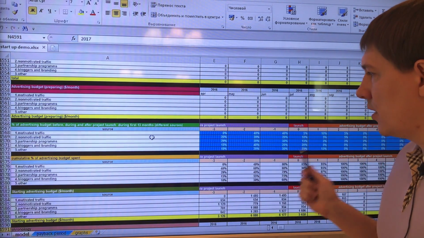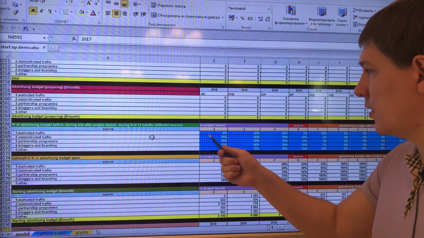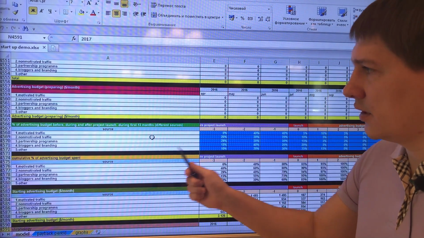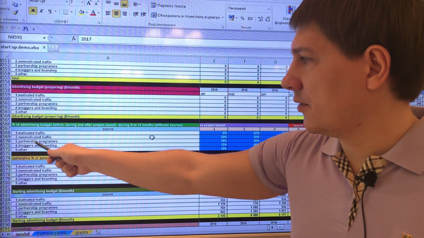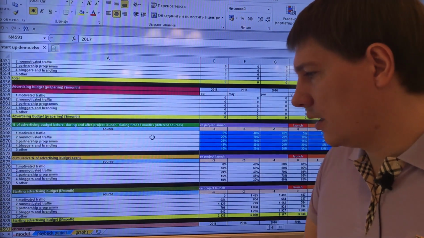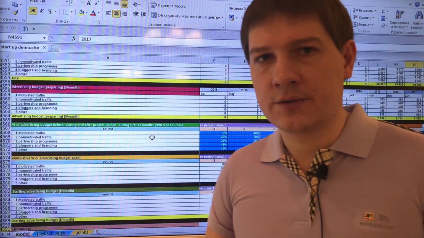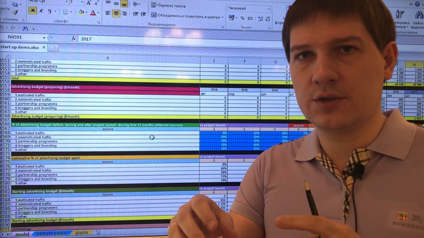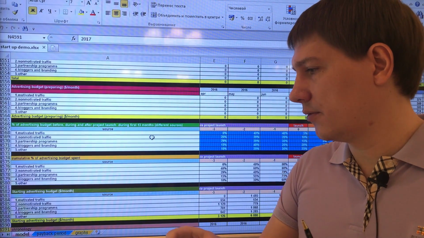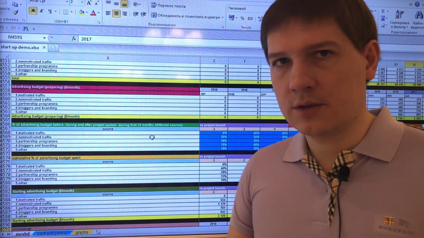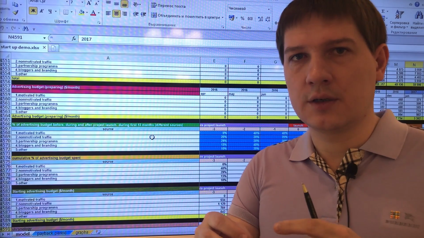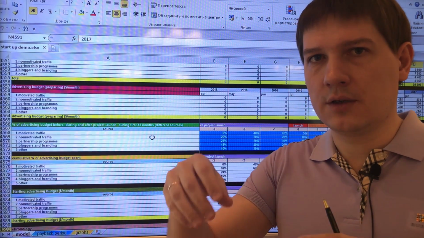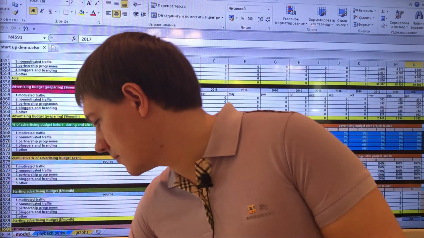During these months, we put the percentage of our advertising budget for each type of traffic. And after we put the percentage of advertising for each type of traffic, it will automatically result in the financial model, in the cash flow statement.